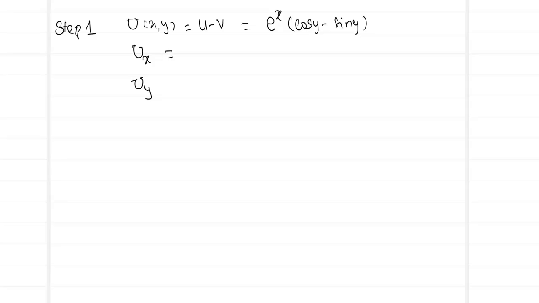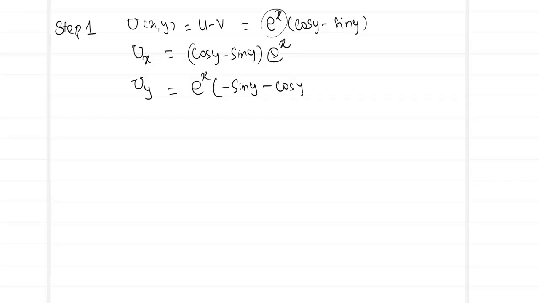With respect to x, cos y minus sin y remains constant, and e power x on differentiation gives you e power x. With respect to y, e power x remains constant, and cos y minus sin y on differentiation gives you minus sin y minus cos y. So my step 1, finding the derivatives Ux and Uy, is over.